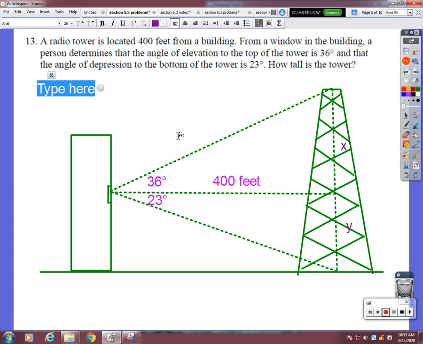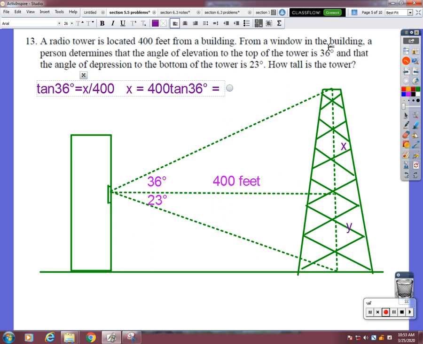I have the adjacent, so that's tangent. So I know that tangent of 36 degrees is equal to the opposite divided by the adjacent, which is 400. So that means that that piece of the tower height is going to be 400 times the tangent of 36 degrees.